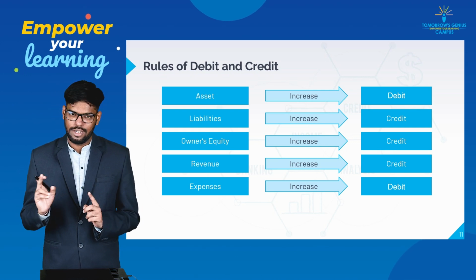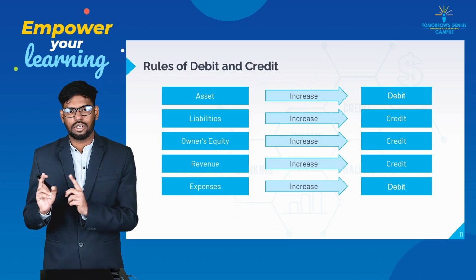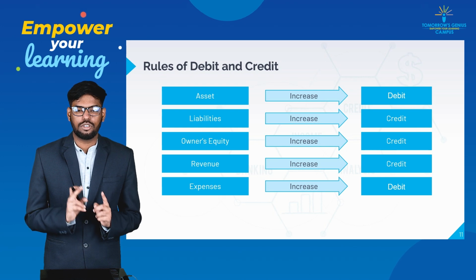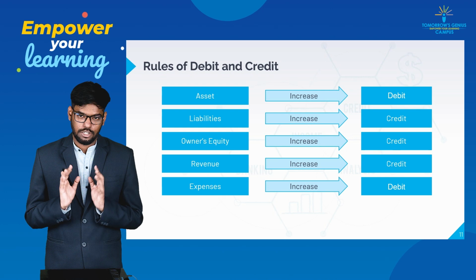So asset means debit, liability means credit, capital means credit, income means credit, and expenses means debit. We have to understand that first.